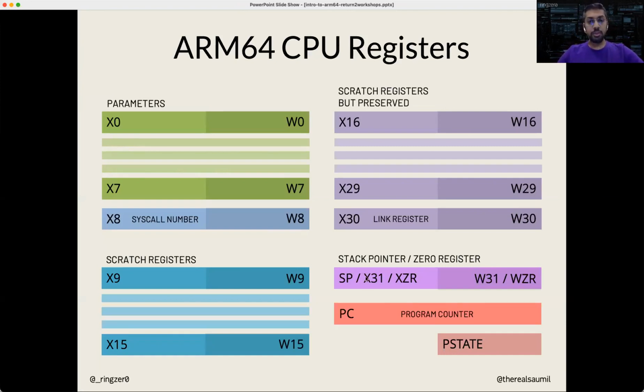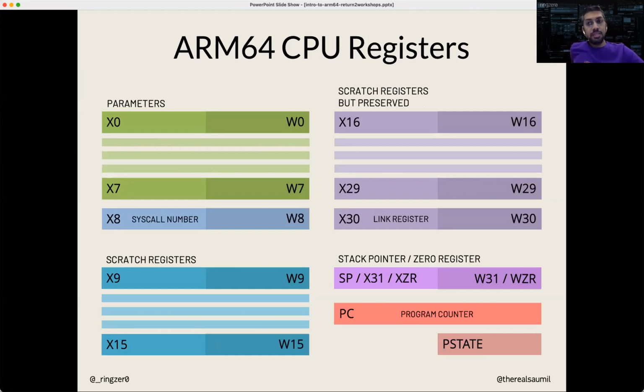All right, coming to the two important registers, X31. Now, this register is a dual purpose register. Initially, it's a little difficult to understand. But X31's main purpose is that it is the stack pointer. The stack pointer will point to the top of the stack.